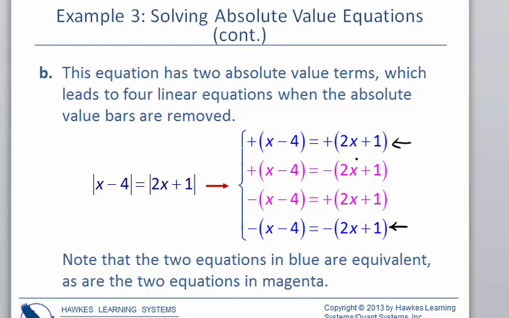Now look at those two blue expressions and notice that they are actually equivalent, that they're actually the same expression. We know that's the case because we could take the second expression and divide it by negative 1.